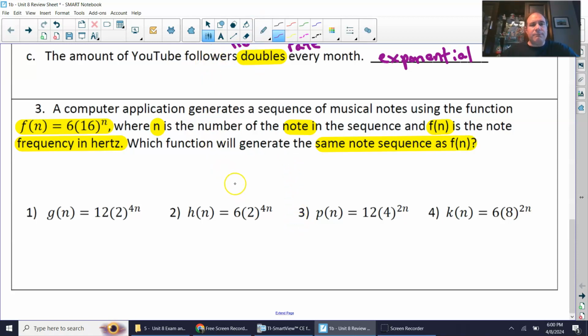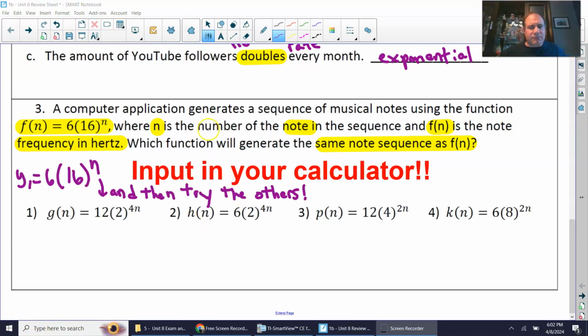So the only way to really do this is in the calculator. The best way to put it is input in your calculator. So the first thing we are going to do is input this as y1 and then try the first one and see which function here will generate the same note sequence as the f of n.